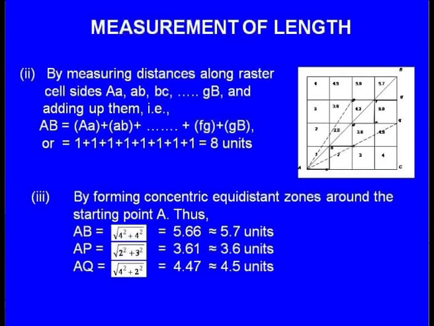Another technique is by forming concentric equidistant zones around the starting point A, and thus AB can now have a distance which is equal to 5.7 units as determined in the first method.